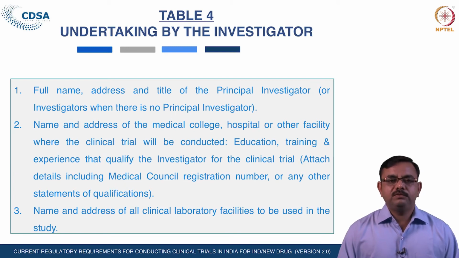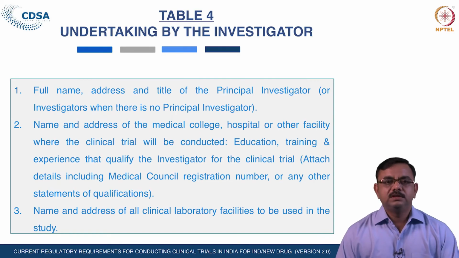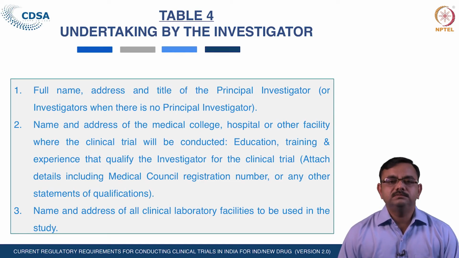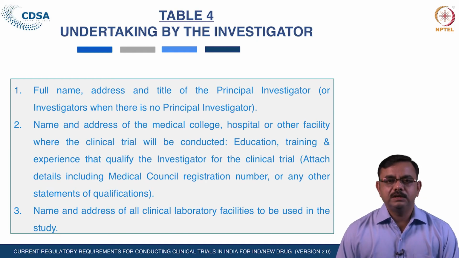Table number 4 is related to the undertaking by the investigator. In the undertaking by the investigator, the full name, address and title of the PI, or the investigator when there is no PI, has to be mentioned. Then where the study is to be conducted, the details of the medical college and hospital are required to be provided through the undertaking.